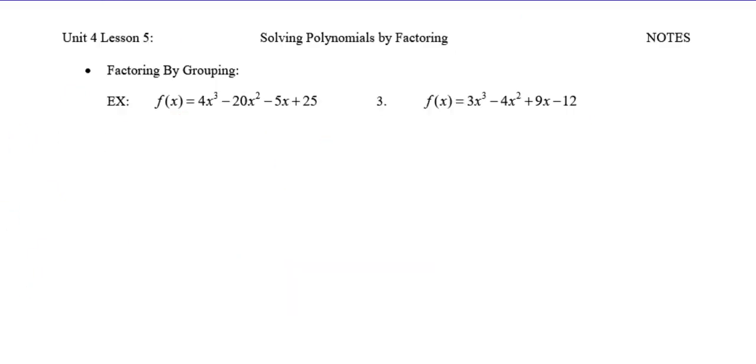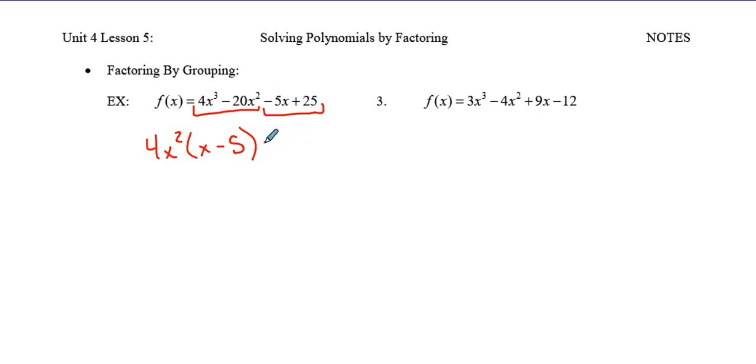So factor by grouping. So when we give you 4 terms, we're going to do factor by grouping. So we're going to group the first 2 and the last 2 and look for GCFs. So I see a GCF of 4x squared. That leaves me with an x minus 5.